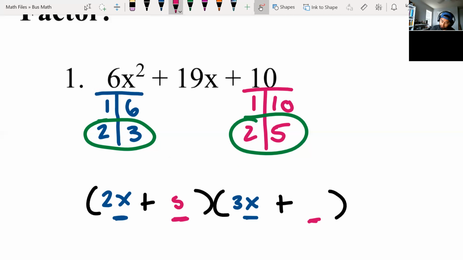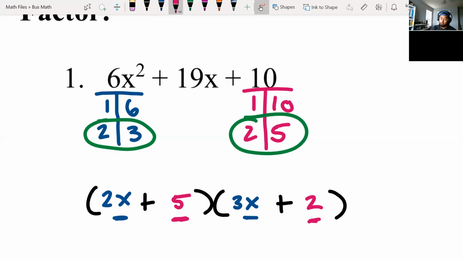So I'm going to put 5 here, and I'm going to put 2 here. And again, this is all trial and error. If you put 2 here and 5 there first, that's all good. We're still going to have to FOIL and check our work. And if that doesn't work, all we have to do is flip the numbers around. So I'm putting 5 there and 2 there.